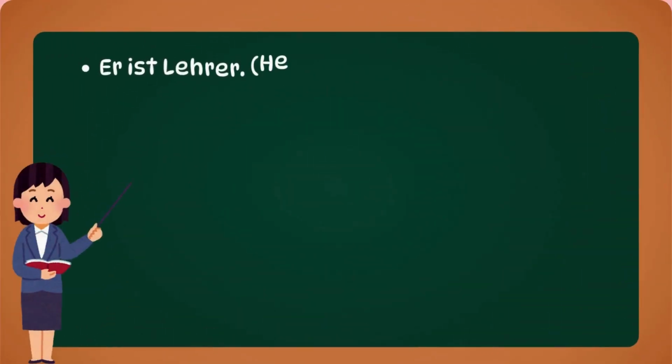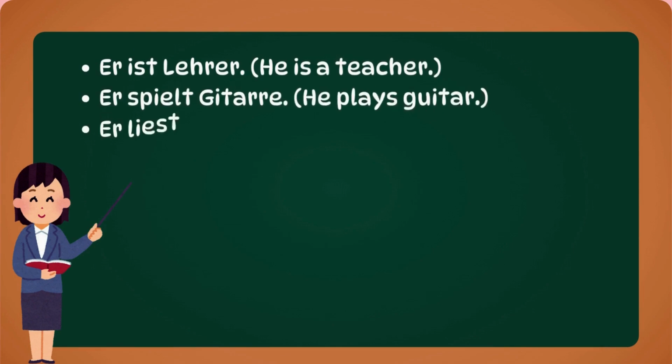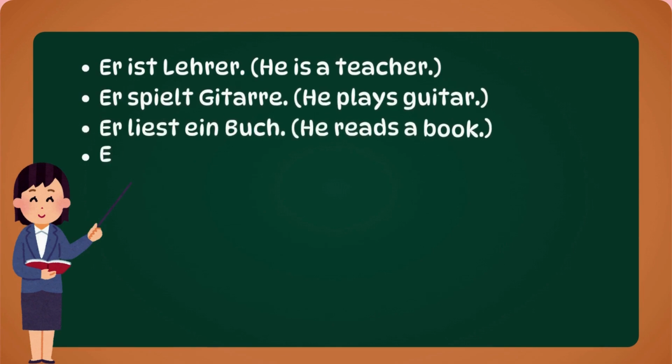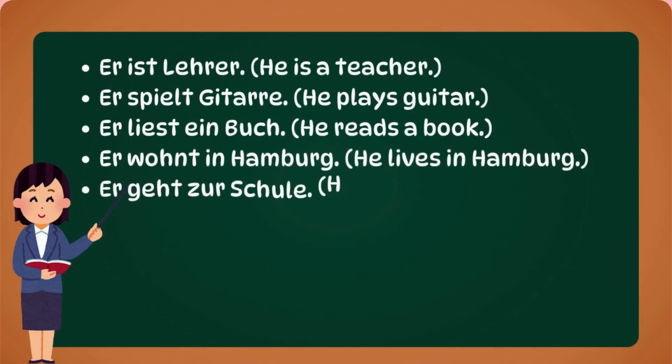Now let's quickly move to the next pronoun, which is er. Example number 1. Er ist Lehrer, which means he is a teacher. Example number 2. Er spielt Gitarre, which means he plays guitar. Example number 3.